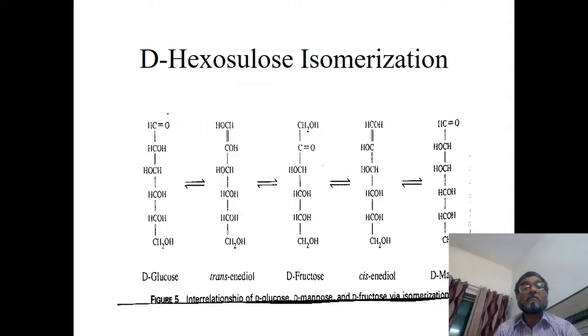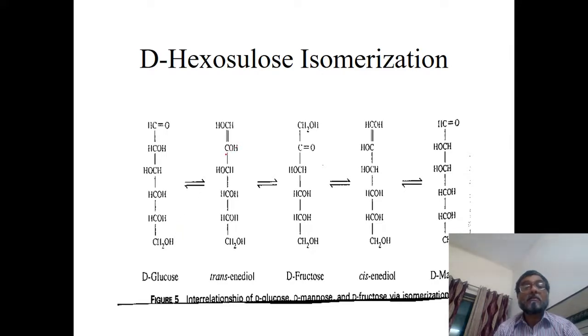In the first instance, what is actually happening? This is the D-glucose molecule. As you know, this is the D-glucose. You are well aware of how to draw the structure for the D-glucose molecule.